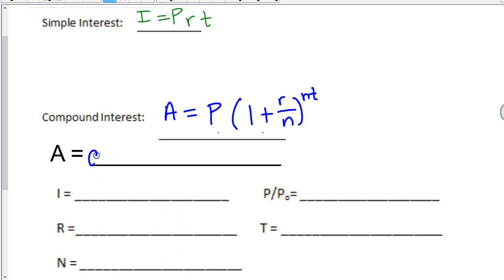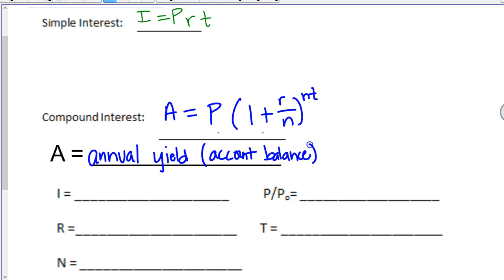A is what we call our annual yield, or you can think of that as the account balance.